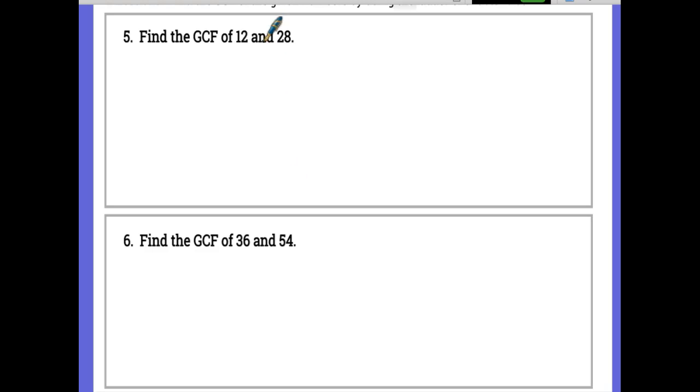You're doing both 5 and 6. You need to set up whichever structure you want to use, the ladder method or the factor tree, pull them all out, find the greatest common factor, and you're going to have 4 minutes. You may talk with your partner, but at the end of 4 minutes, you need to have these two completed because you're turning in all of this paper.